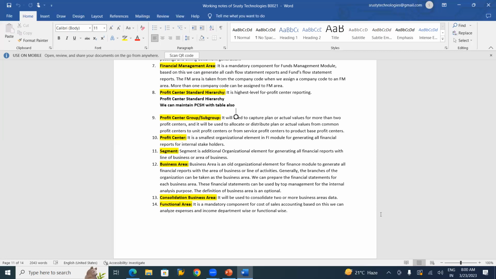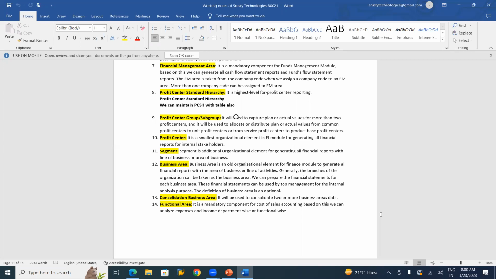Profit center. It is the smallest organizational element in the FI module, for generating all financial reports for internal stakeholders.